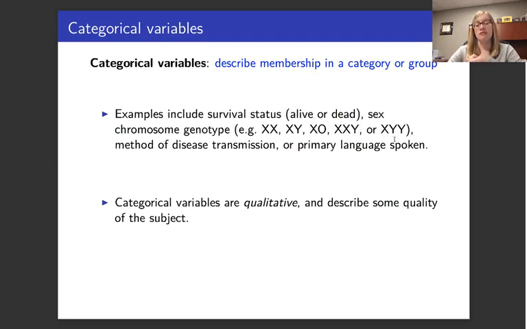These are all different categories for the sex chromosomes. Method of disease transmission. So the disease vector through which a patient obtains a disease, that would be categorical. Primary language spoken by a patient, again, also categorical. The important thing here, categorical variables are qualitative. They're describing some quality, some characteristic of the study or of the subject that cannot be measured numerically.